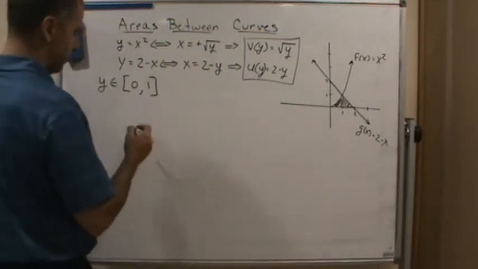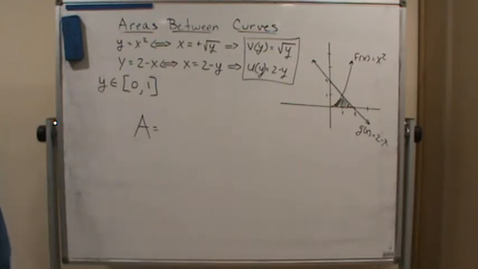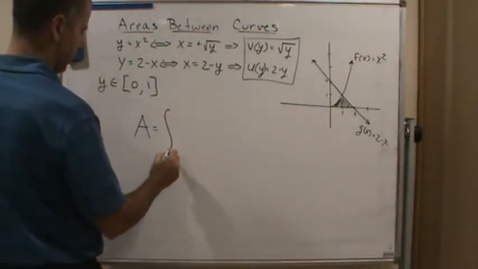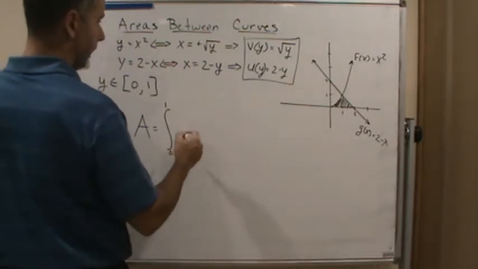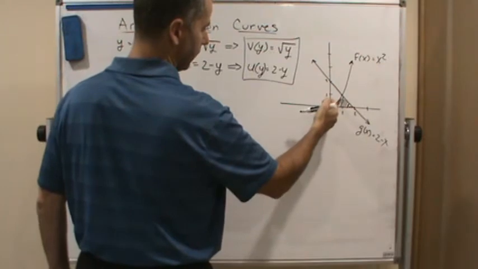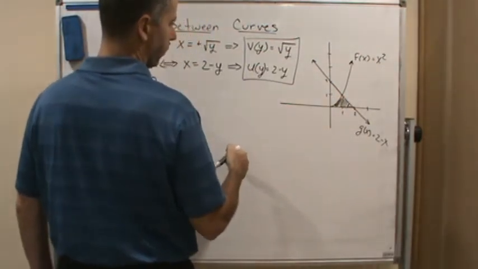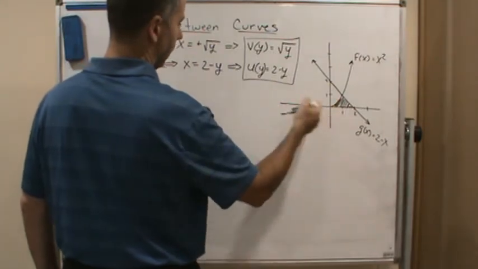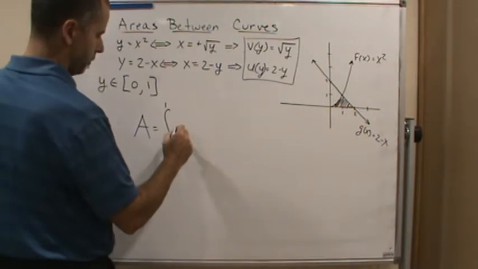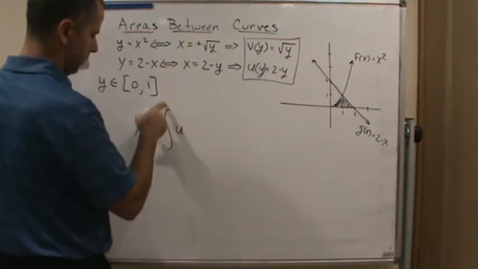Okay, so now all I have to do is set up my integral based on the theorem. So I'm going to go from 0 to 1. And my top function is the one on the right. My bottom function, if you will, is the one on the left. So right minus left. So it's going to be u minus v.